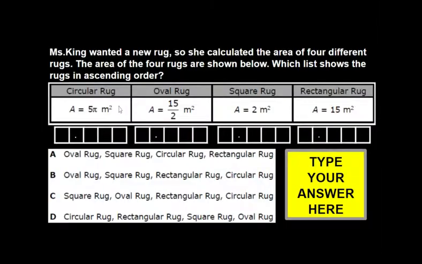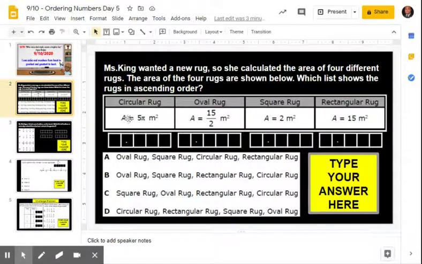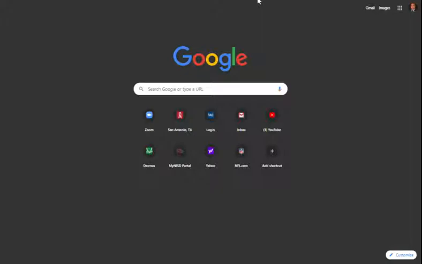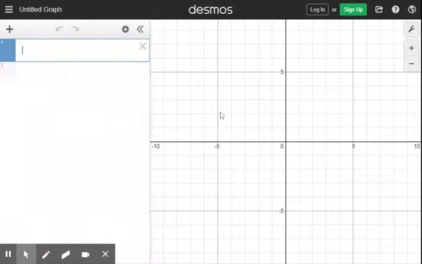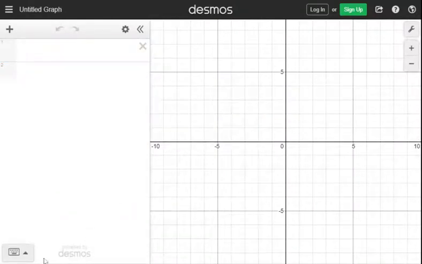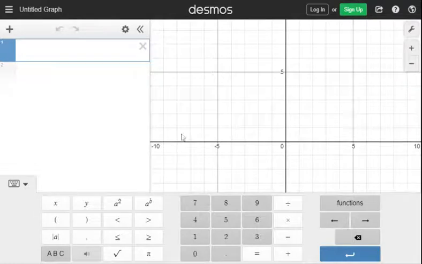So, as an example of the first one, 5 pi, I'm going to go to Desmos, and I'll bring you over here with me. Boom. All right. I go to Desmos, and I'm going to type in 5 pi, because our first option for the first rug was 5 pi.